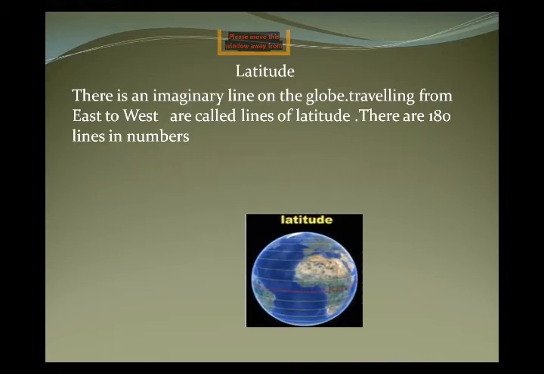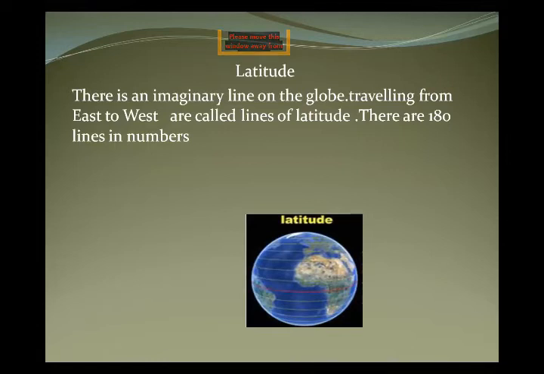The lines of latitude make circles around the globe. The longest is formed by the equator. The distance between one circle and the next is equivalent to 1 degree. As we discussed in the topic of longitude, the distance of each line is 1 degree, and in the topic of latitude, the distance of each circle is 1 degree.